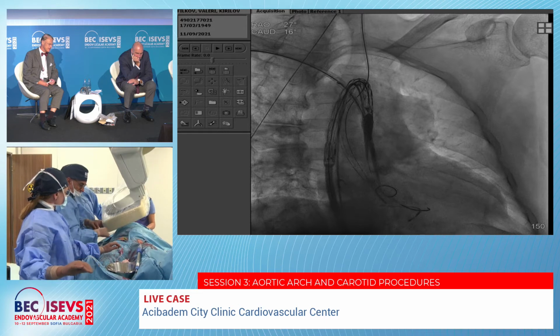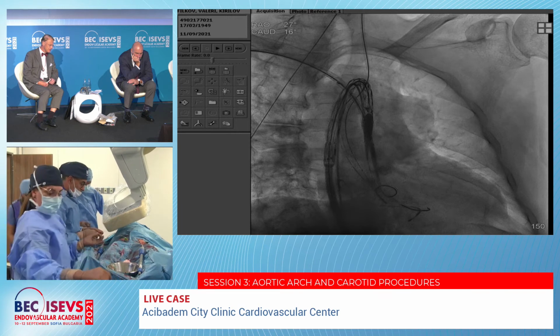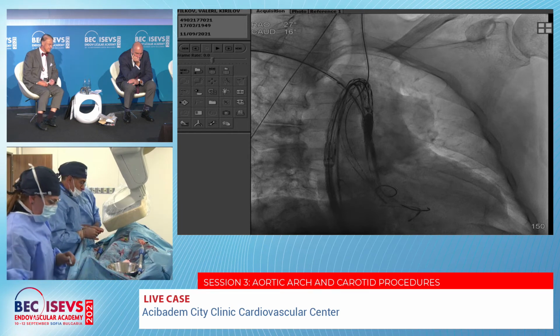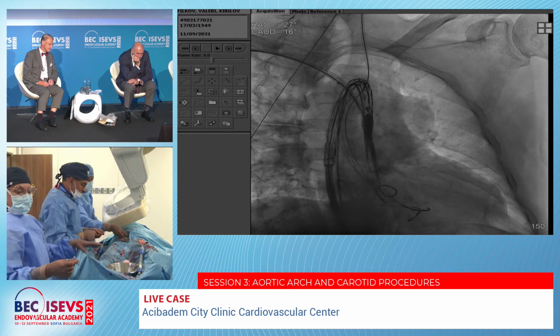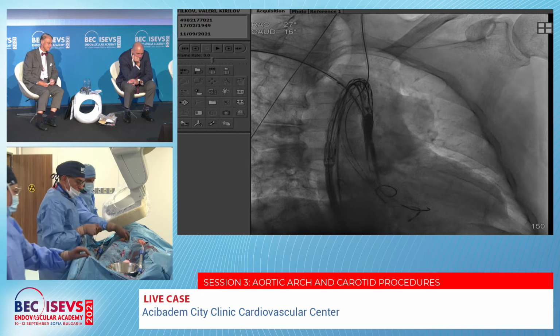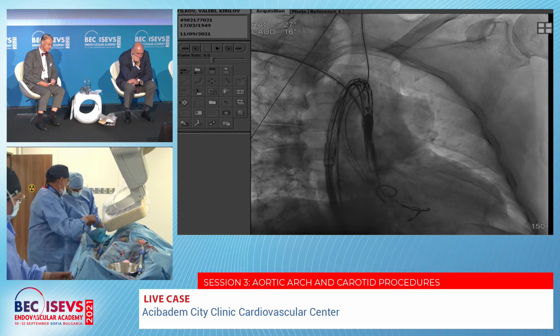And the Bentley, that's the B graft, you open that up to 8 millimeters? In fact, we implanted the 8 one, and now we are going to telescope with a 10 millimeter in order to put the big into the small to have better sealing.